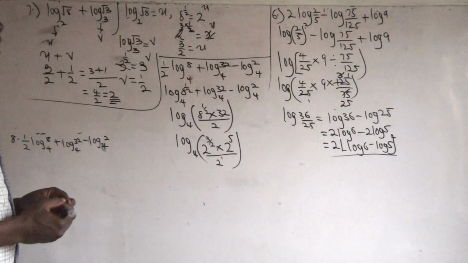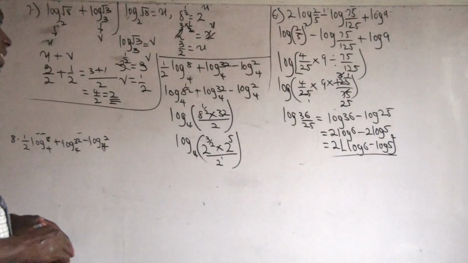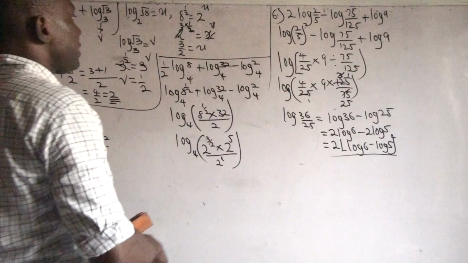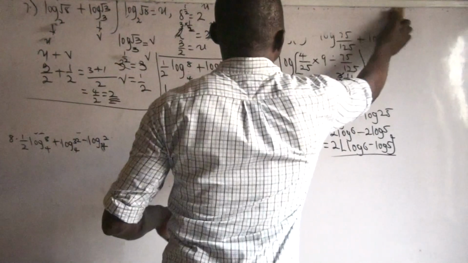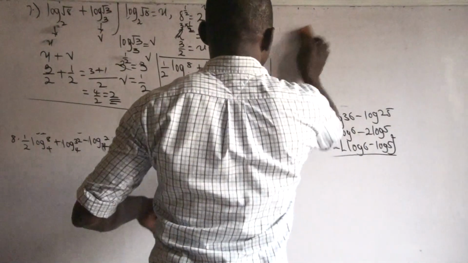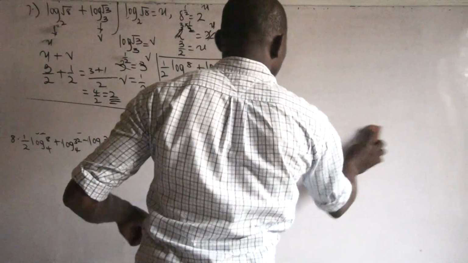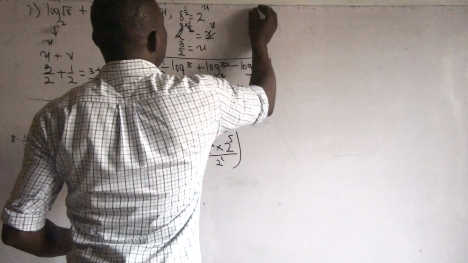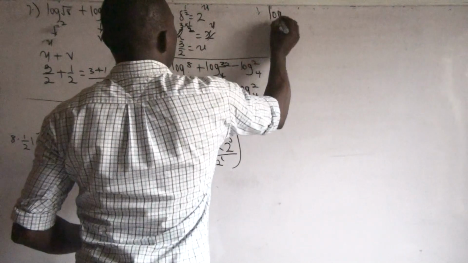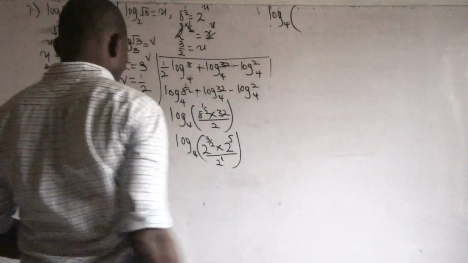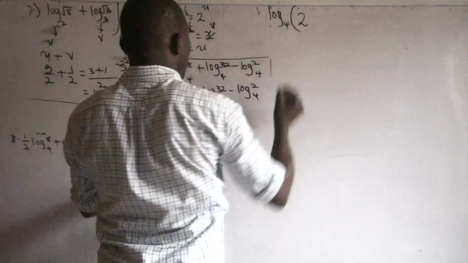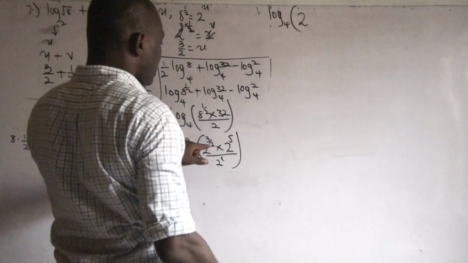So here indices have to come into operation. If we do that, we see that here we are having log whose base is 4. The base is common, which is 2 now. This is multiplication.